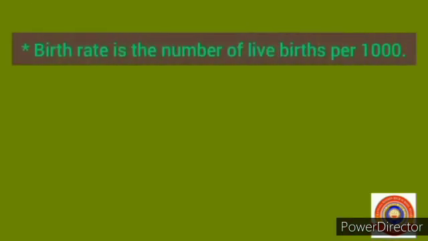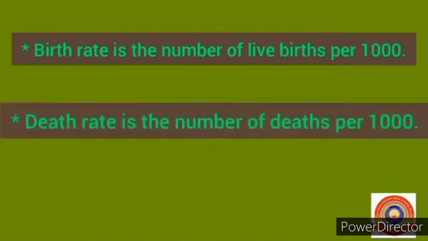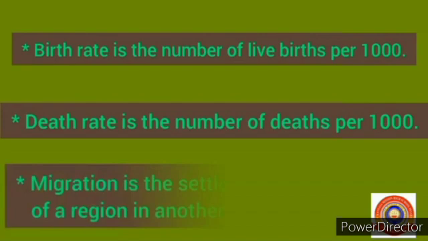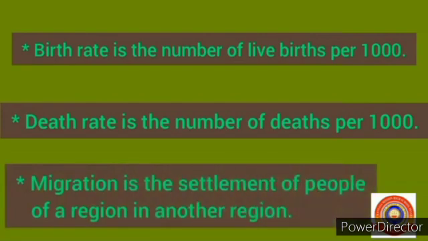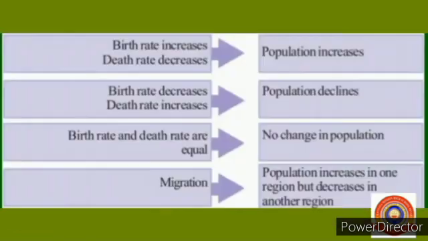Birth rate is the number of live births per thousand. Death rate is the number of deaths per thousand. Then migration is the settlement of people of a region in another region. This table shows how birth rate, death rate, and migration affect the population of a country.